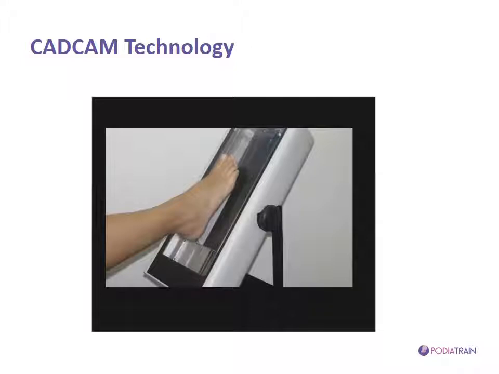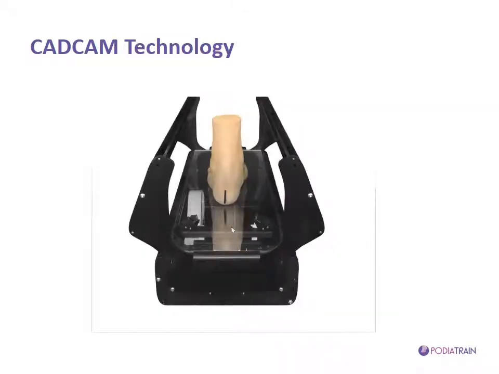Or else we can also use what is known as photogrammetry. Photogrammetry, as the name implies, utilizes a series of photographs which will, when combined together, produce a 3D image of the object we want to scan, in this case the foot. And well, there are various commercially available devices.